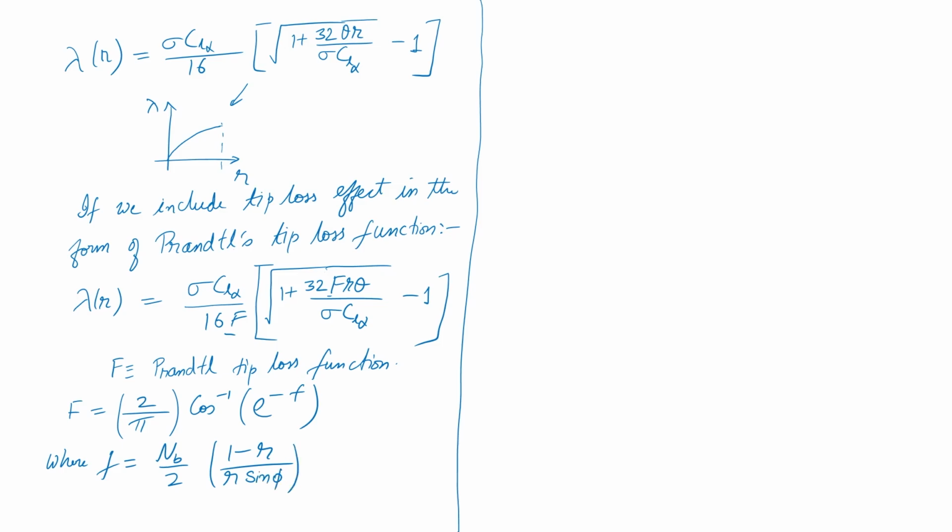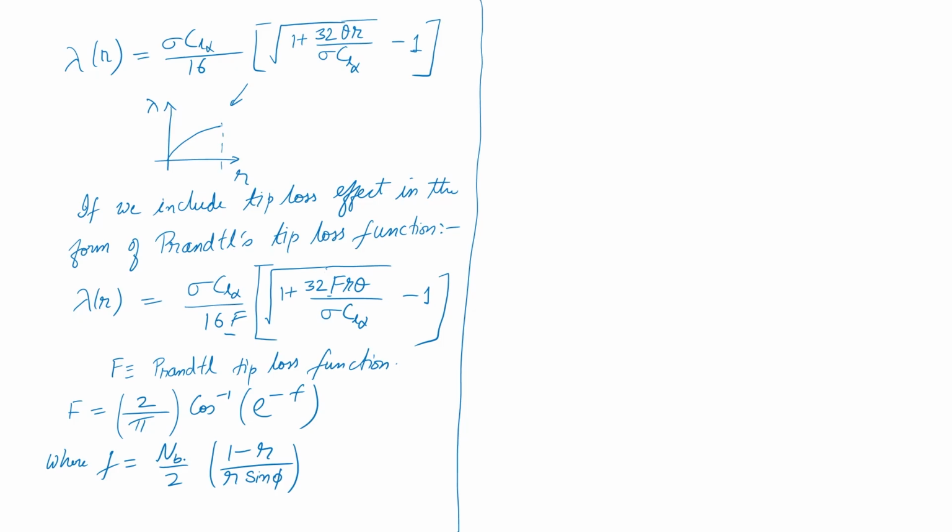So, there is some physics, or this is sort of semi empirical in the sense that there is some connection with your actual geometry, because you have N b.